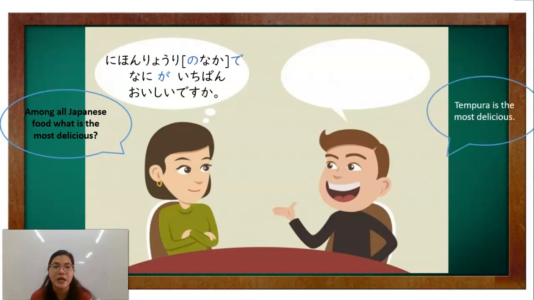And he answered, tempura is the most delicious. Tempura ga ichiban oishii desu. Okay? So, yung tempura ang pinakamasarap para sa kanya. So, that is how you are going to answer this kind of question.